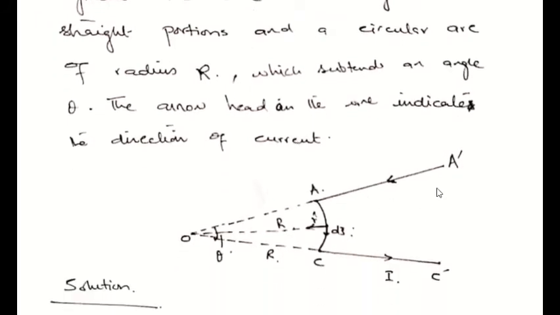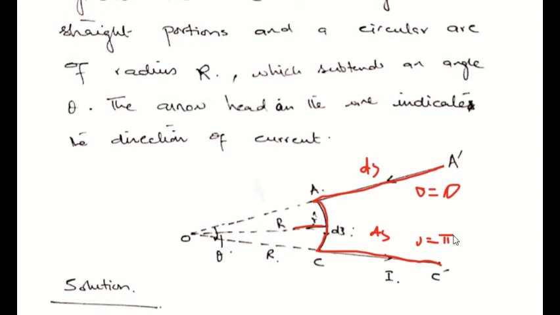So look at this figure over here. The current is moving from A prime to A, then will move in this arc, and then will move from C to C prime. So if you look at the length element ds over here, the direction of the length element and the direction of unit vector r, for A prime theta is equal to 0, and for C prime theta is equal to pi or 180.